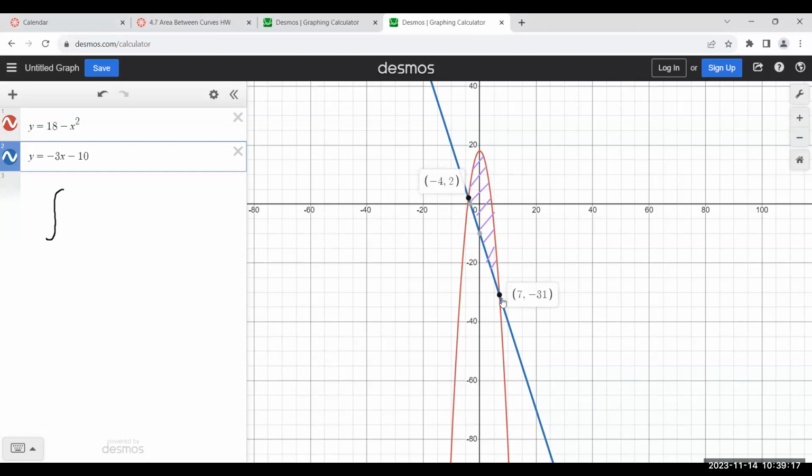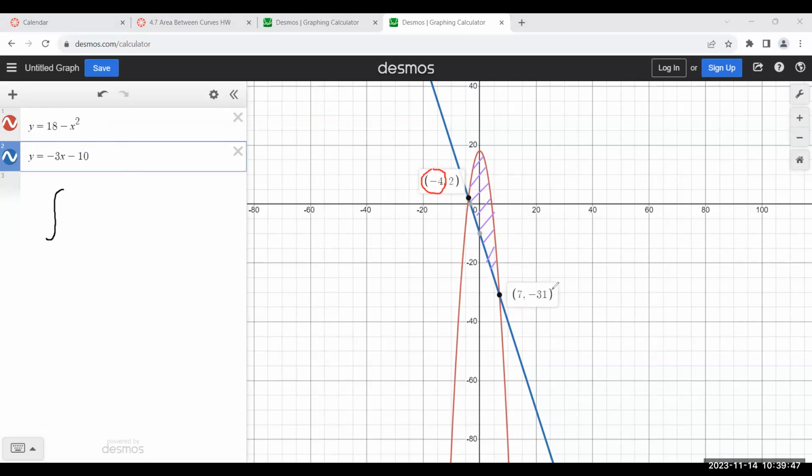And down here, I have a place where it ends, that's at the 7. So if I were to take 18 minus x squared, set that equal to -3x minus 10, it looks like I would get -4 and 7. Which, yeah, it sounds like it wouldn't take a long time to get that, but using Desmos, I get it right away.